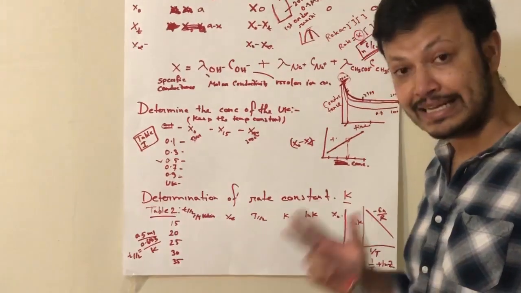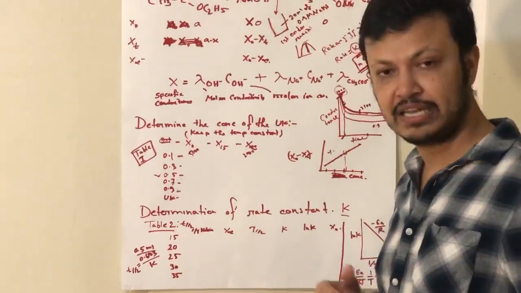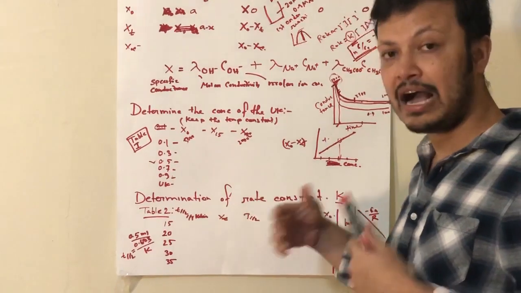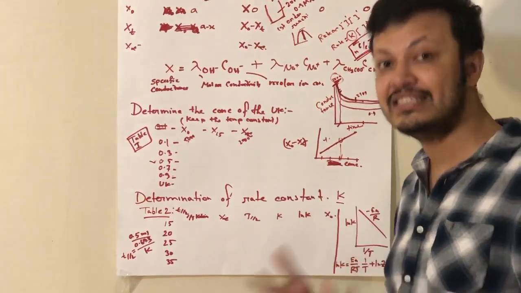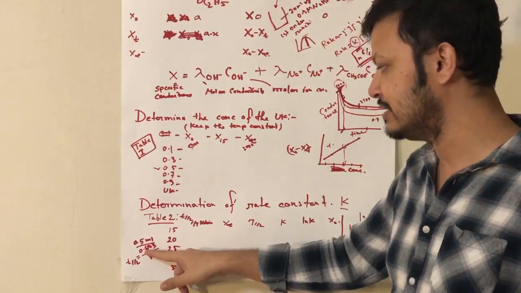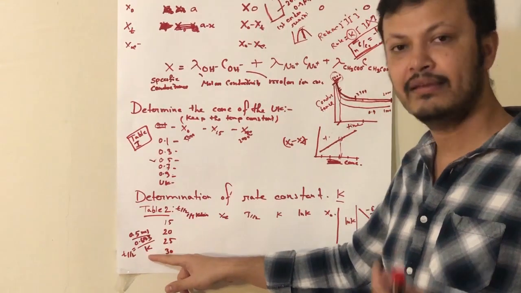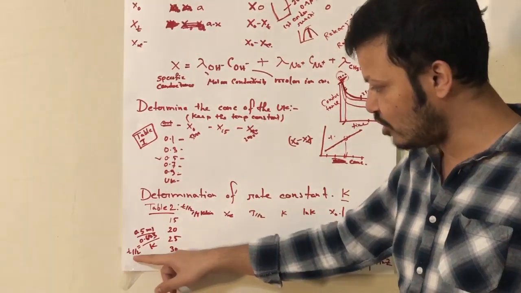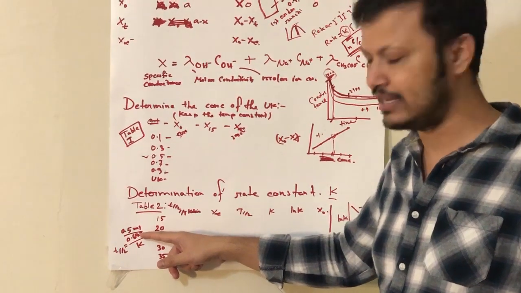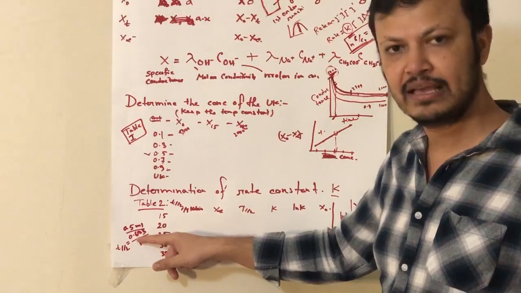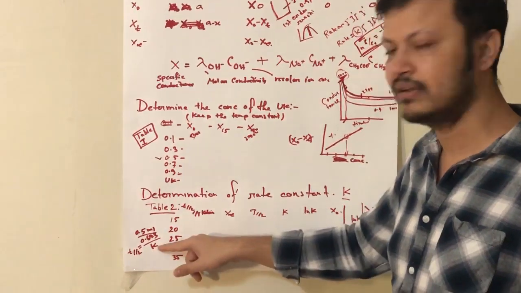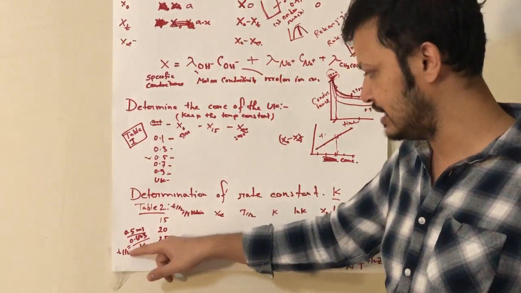So there are two techniques to find out the activation energy. Rate constant K. If you know the half-life time of the reaction, it is very easy to find out the K. How? We know that T half is equal to 0.693 divided by K. So you know the half-life time, you know 0.693, it's a constant value, so you can easily find out the K. K will be 0.693 divided by T half.